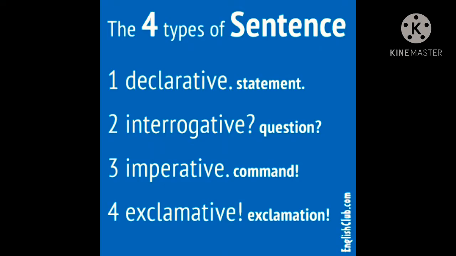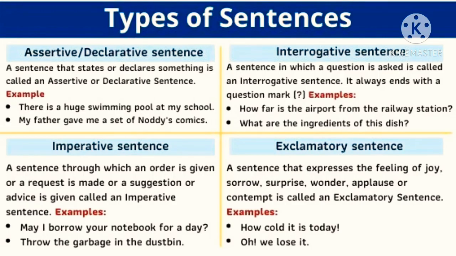So now let's move further and see what are the types of the sentence. Based on their meaning, sentences can be of four types: assertive, interrogative, exclamatory and imperative. Now let's talk about them one by one. So the first one is assertive sentences. Assertive sentences make a statement. They can be positive or negative. The sentences end with a full stop.